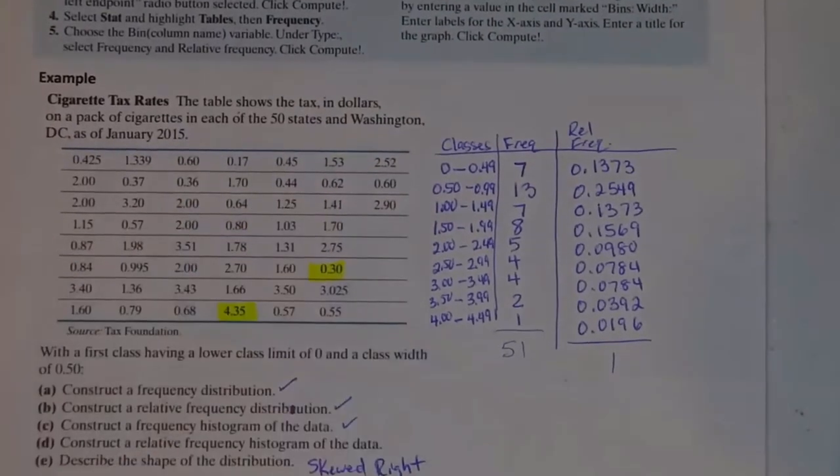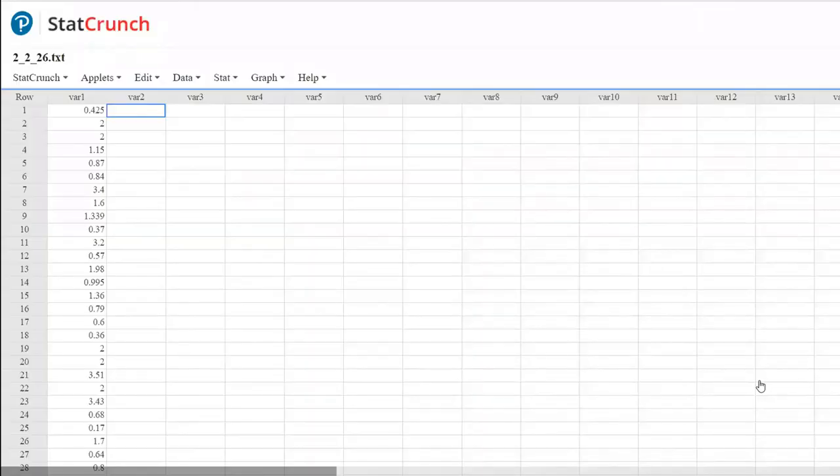The worst part of using the calculator, in my opinion, is having to type the data into the calculator. So I want to show you how to use StatCrunch. I've shown you before how to get data into StatCrunch. You can type it in or you can load it in, like from the exercises in my lab, for example, that you're working on.